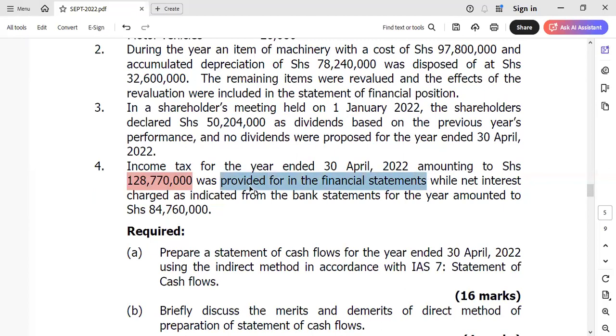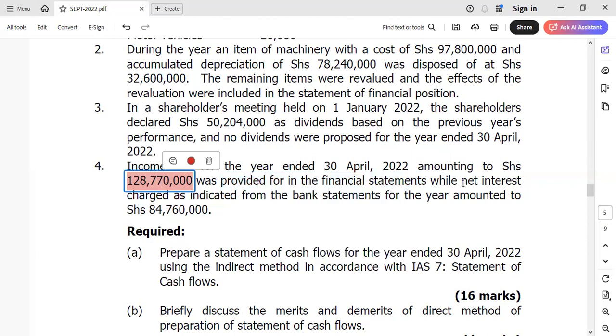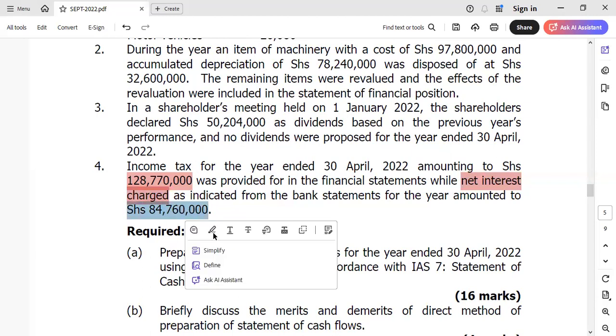So it means that when this company was preparing income statement, they included this. While the net interest charged as indicated from the bank statements for the year amounted to this. You have the net interest.